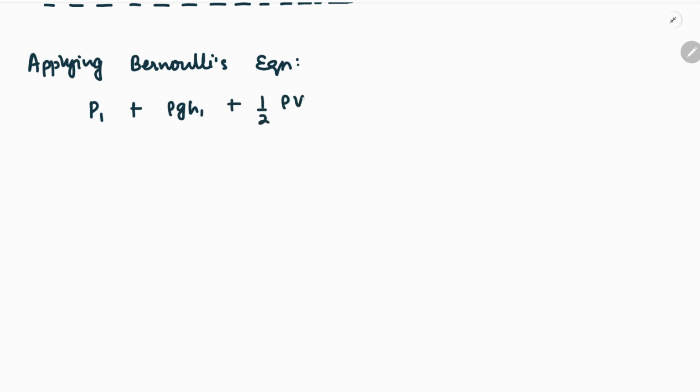Applying Bernoulli's equation, we can say P1 plus rho g h1 plus half rho v1 square equals P2 plus rho g h2 plus half rho v2 square.